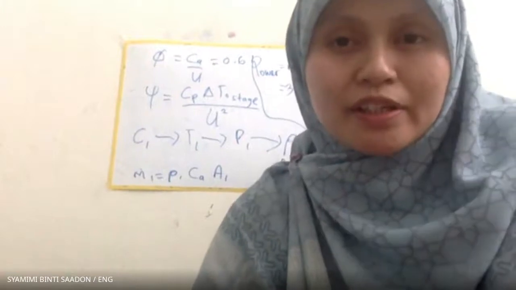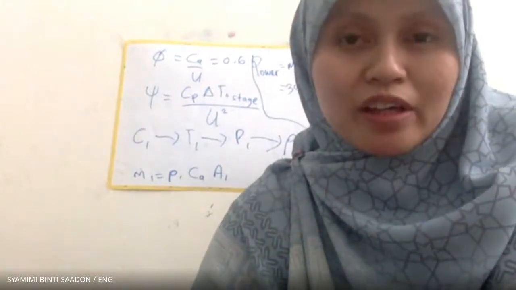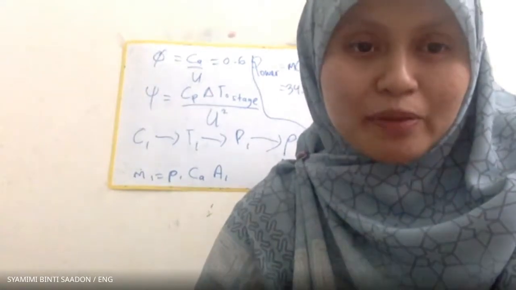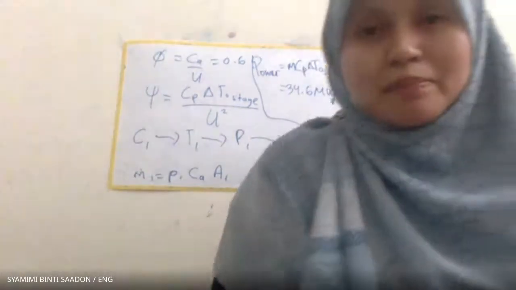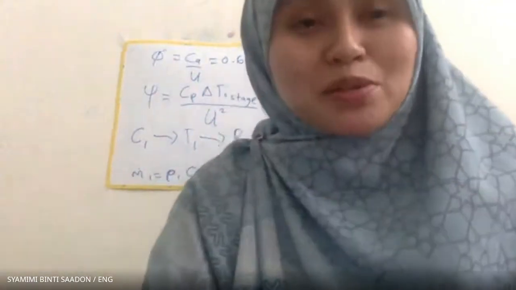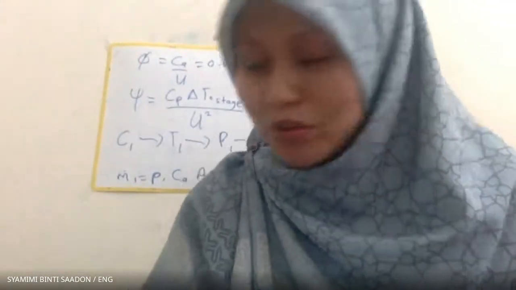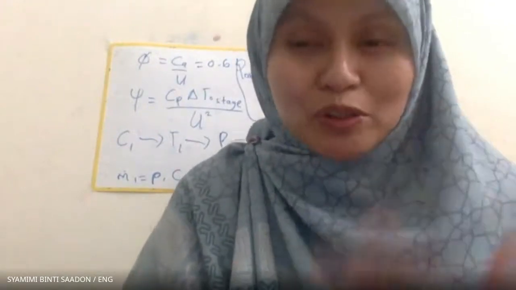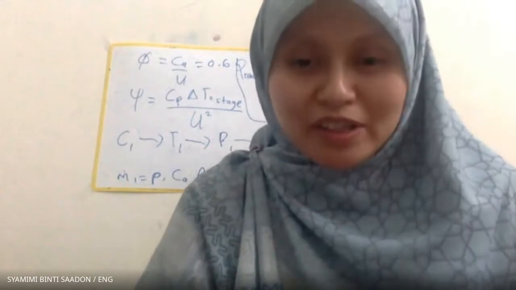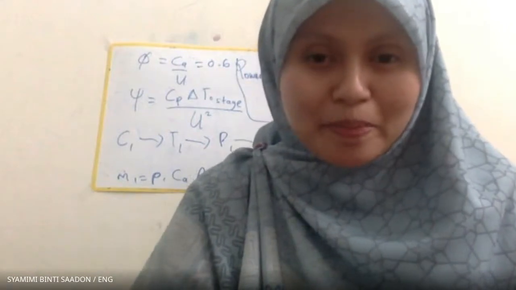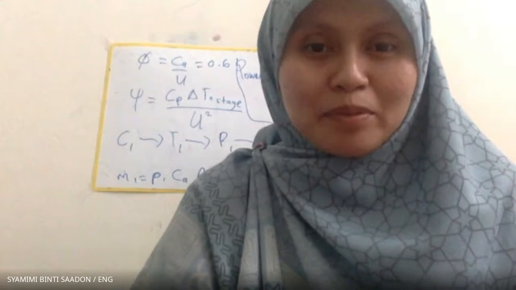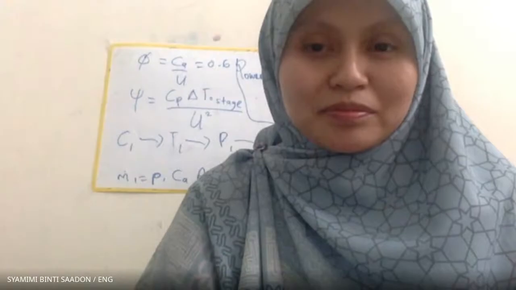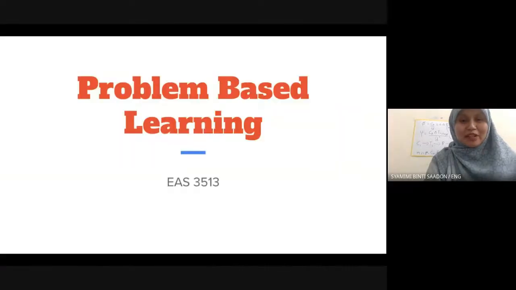Okay, so this is attendance first. While filling in the attendance, I want to explain about the assignment. The assignment accounts for 30%, so it's quite big in total marks. But you will do it in groups, so it's okay.